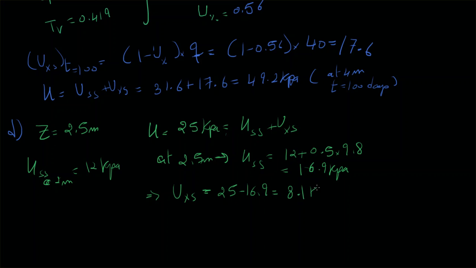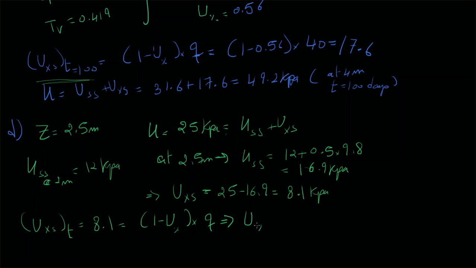8.1 kPa. From the same formula as this, I would say UXS at time unknown equals 8.1 equals 1 minus the rate of consolidation times the surcharge.